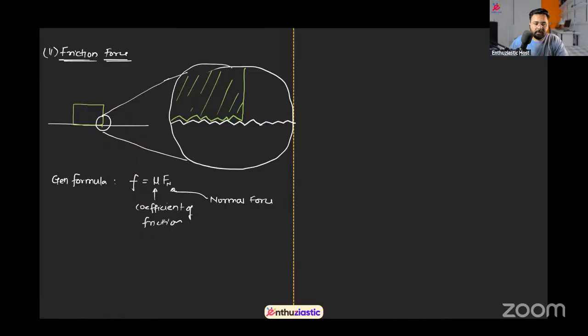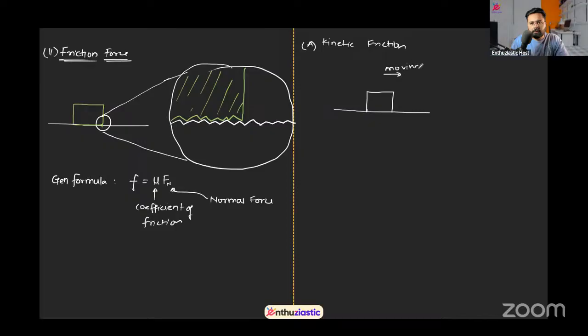So if we start with kinetic friction, second part A, kinetic friction. Kinetic friction is a very simple concept. Why? Because suppose you have a surface, and on that surface this is the object, moving with some acceleration or some velocity, moving to the right.